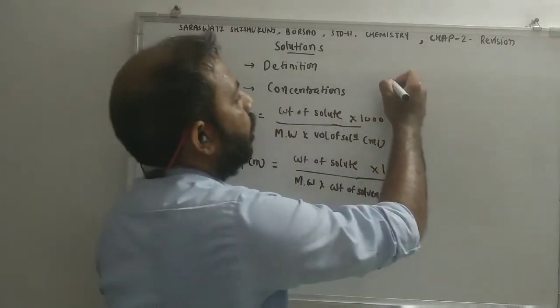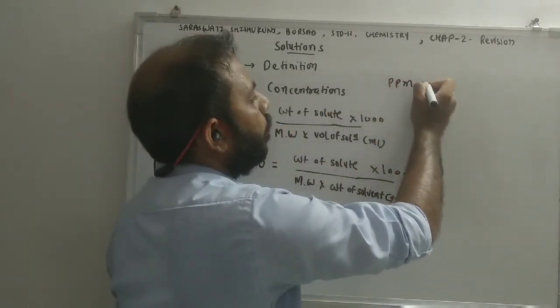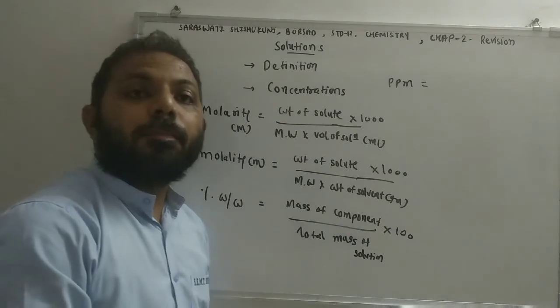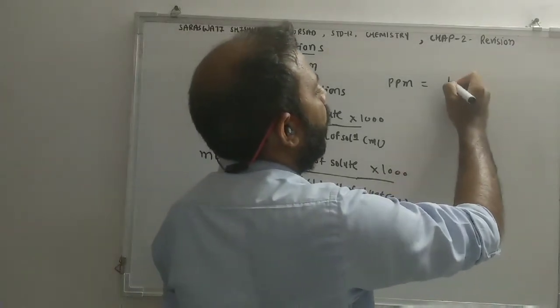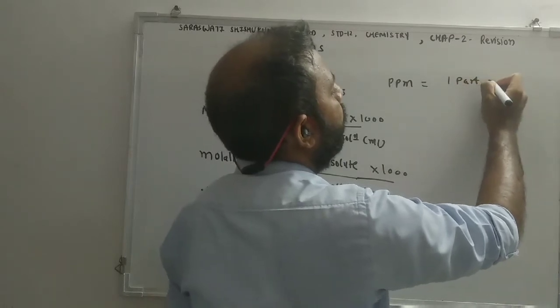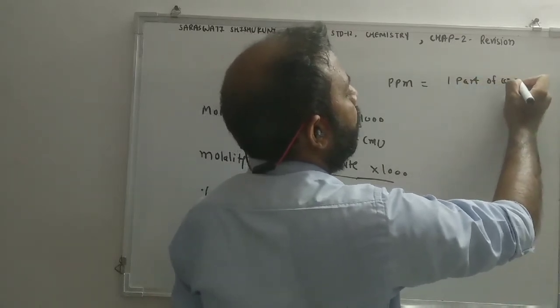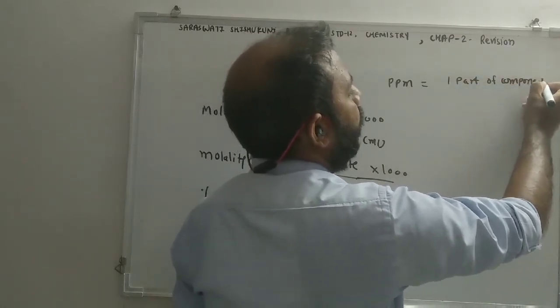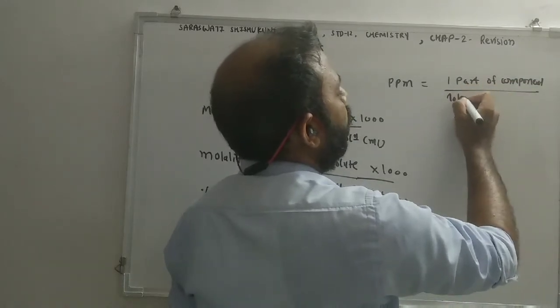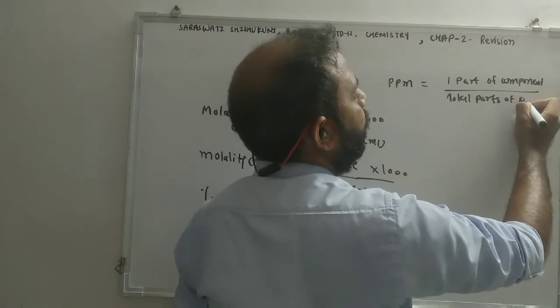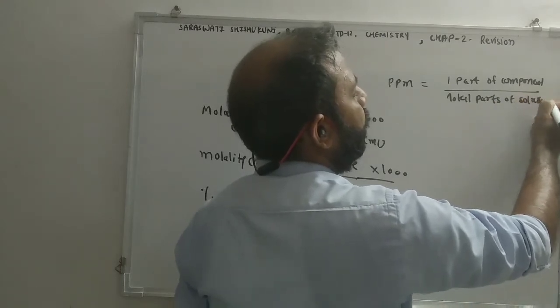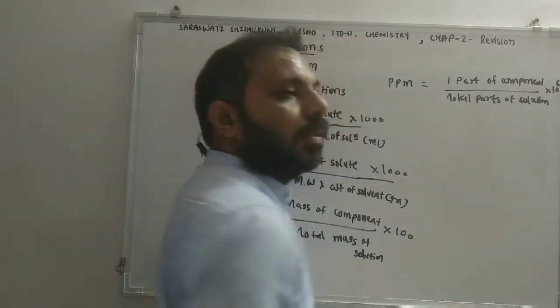Then ppm. ppm is parts per million. So one part of any component divided by total parts of solution into 10⁶.